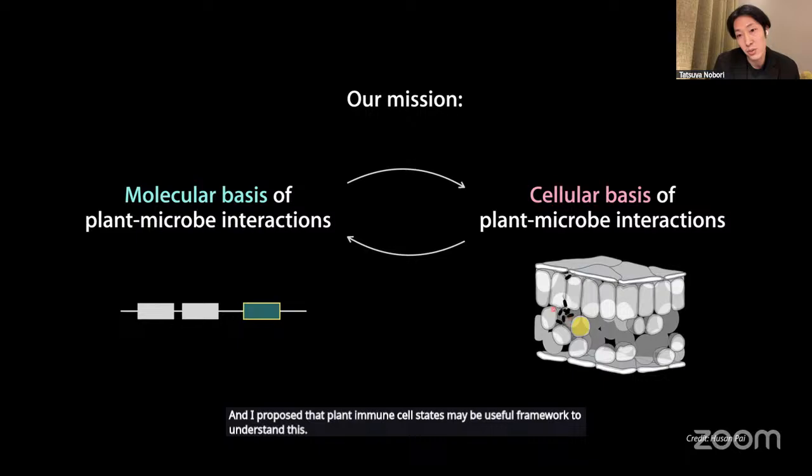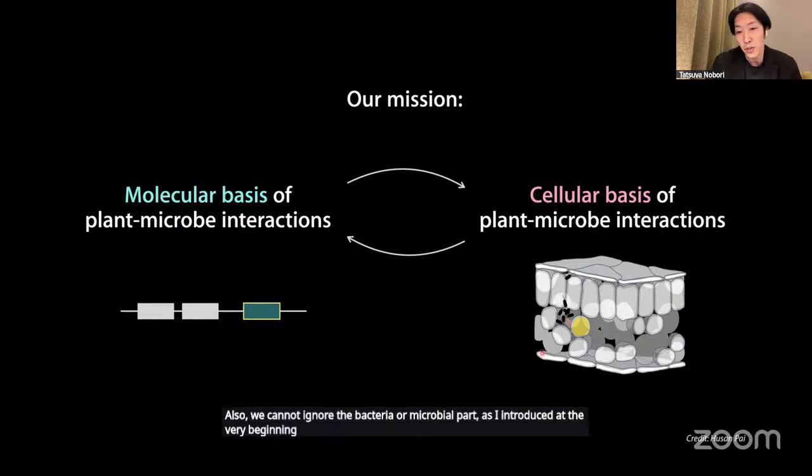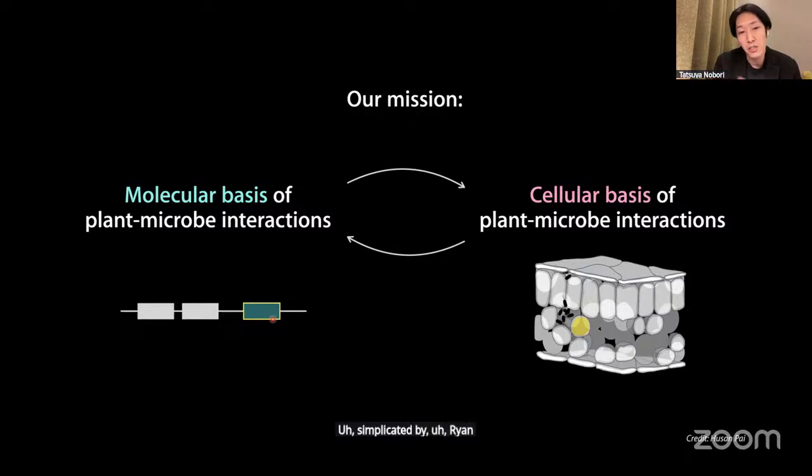Also, we cannot ignore the bacteria or microbial part, as I introduced at the very beginning. And by focusing on certain cell states, we may be able to discover novel functions of genes and proteins, as implicated by Ryan's talk or Tony's talk during this symposium. So I think it's a very exciting time to bridge those two with new technologies.